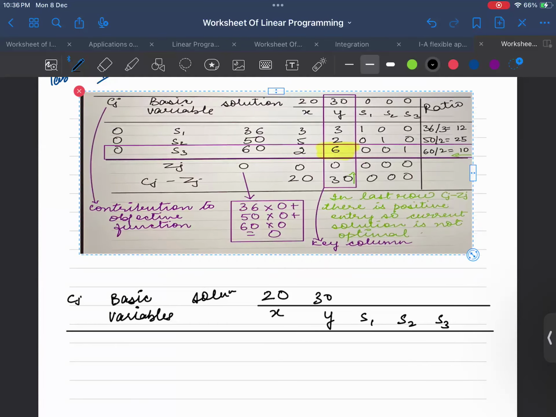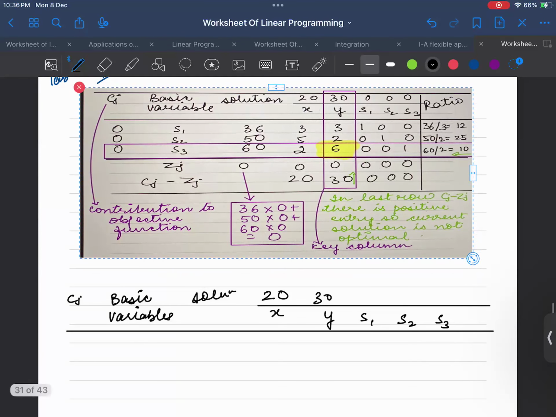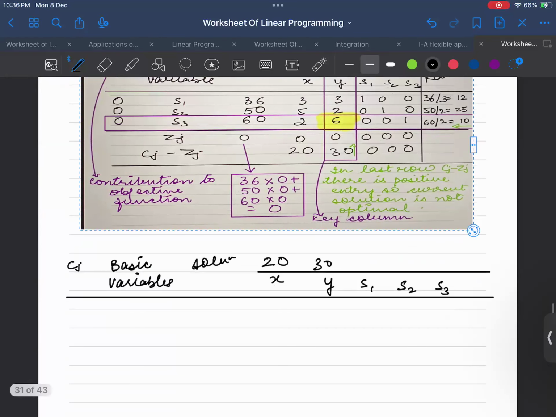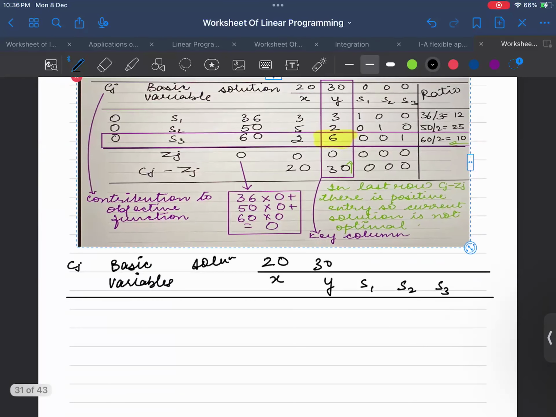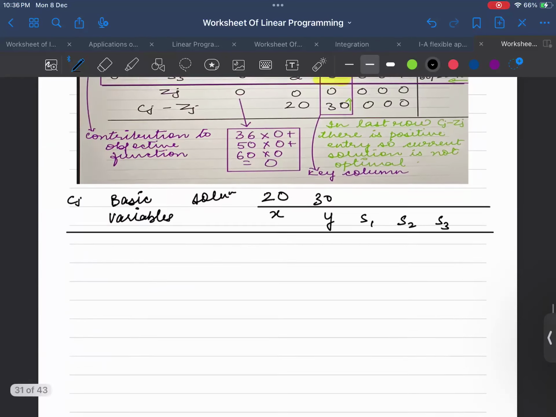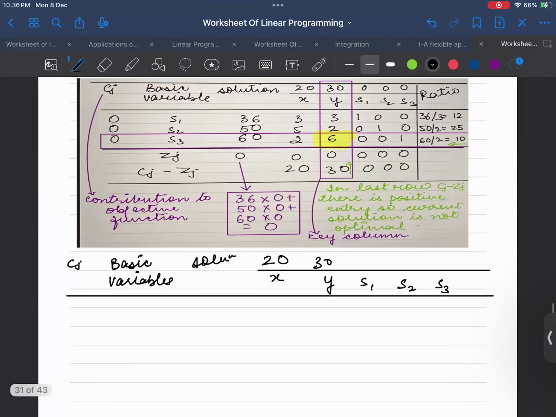Just give me a second. Right. So it's 20, 30. The values are 0, 0, 0. We will make it in the same way.